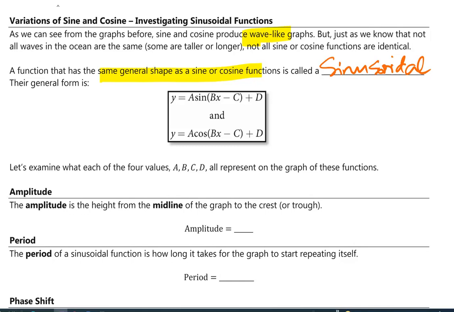And their general form is y equals A sine (Bx minus C) plus D, and for cosine, A times cosine (Bx minus C) plus D. So again, this is the general form.